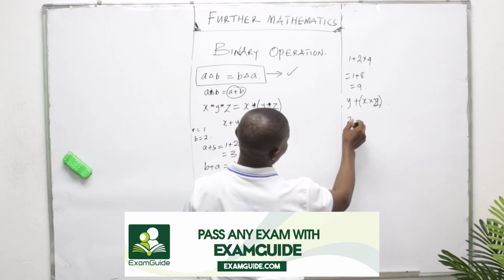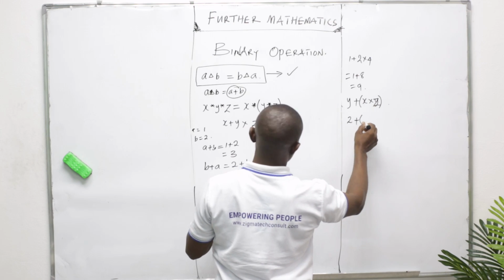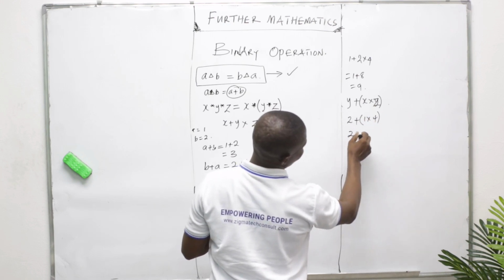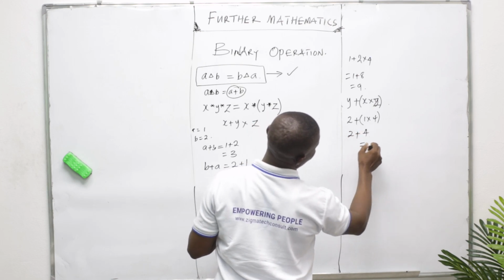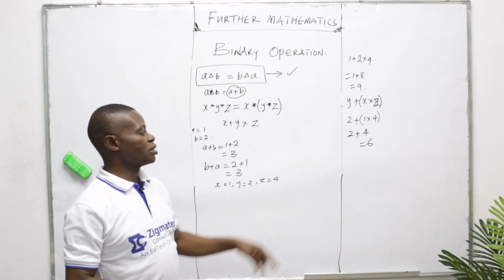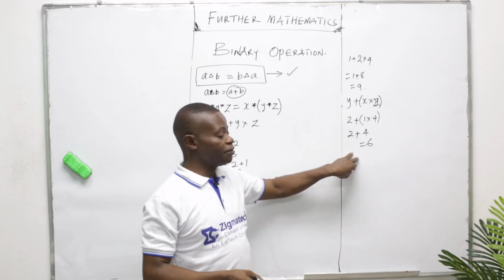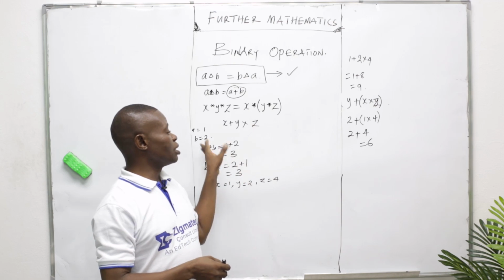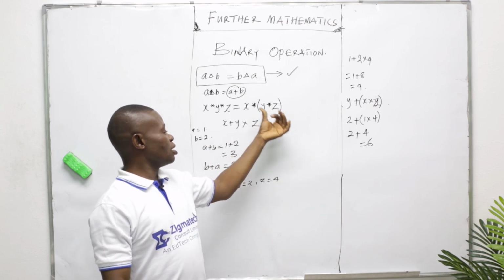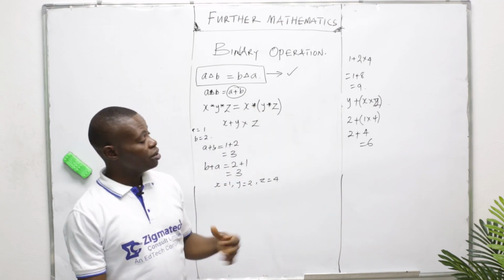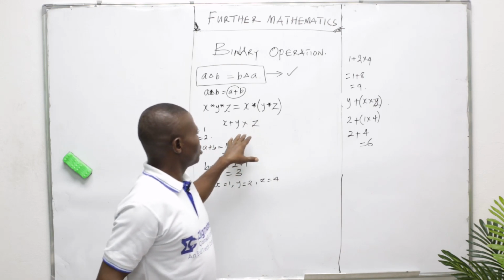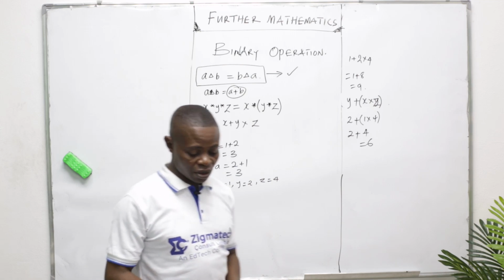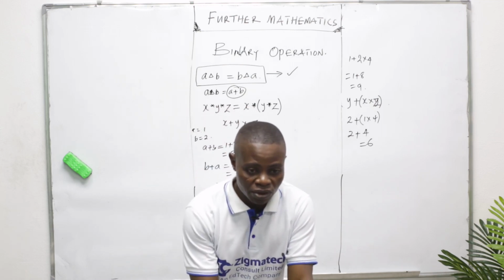Our Y is 2 plus bracket 1 times 4. So 2 plus 4 equals 6. You can see the first solution is different from the second solution. In this case, you say the operation under associativity is not giving the exact result. Therefore, it is not associative.